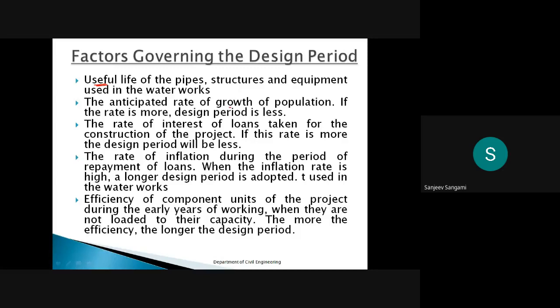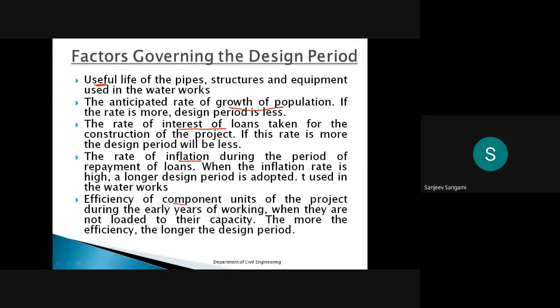Then the growth of the population is the second factor which affects the design period. Then the loan: if you are taking a loan and constructing the dam, that is also going to affect the design period. Then the rate of inflation. Inflation, for example, during lockdown the market rate came down. These kinds of things happen, and that is also going to affect the design period.